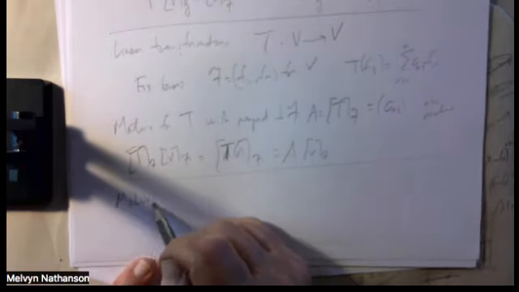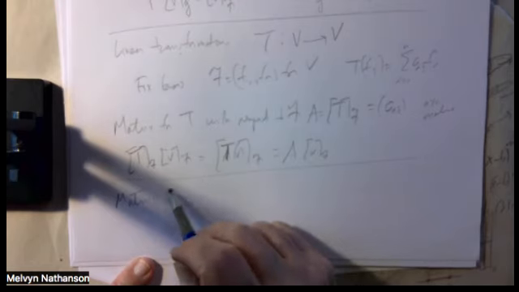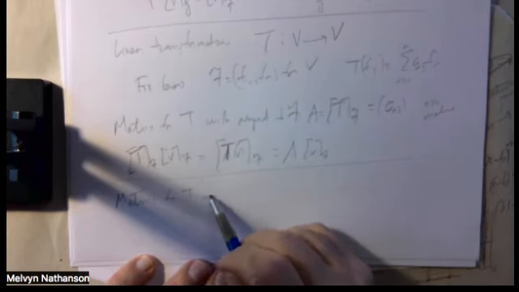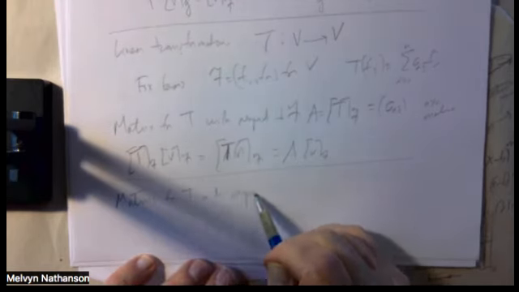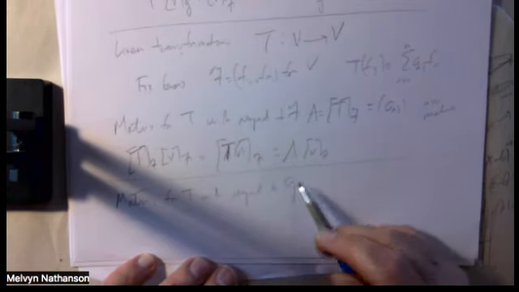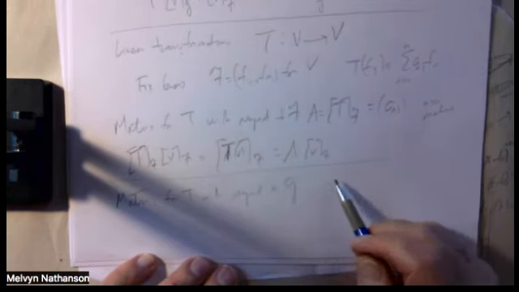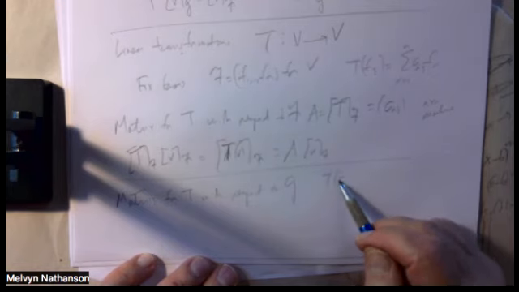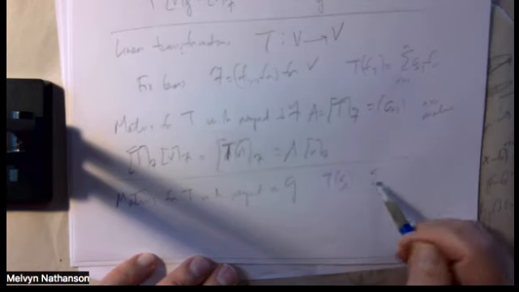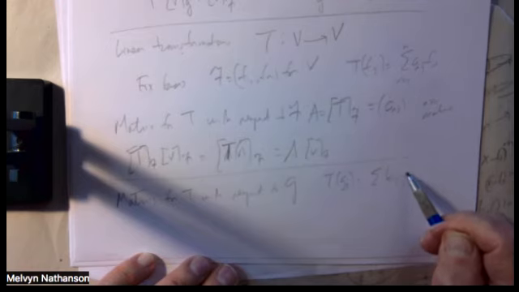So if we have a second basis G, the matrix for T with respect to the basis G is given by, let's say, T of G_j is the summation of B_ij G_i, i goes from 1 up to n.